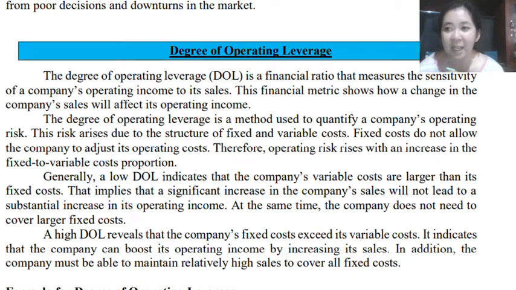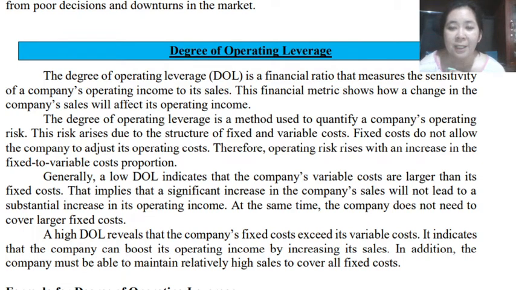Since fixed cost is greater than variable cost, there is a smaller amount of variable cost incurred. If there is an activity, only a small portion of variable cost is being incurred. That's why in this case, it will result in a high degree of operating leverage.